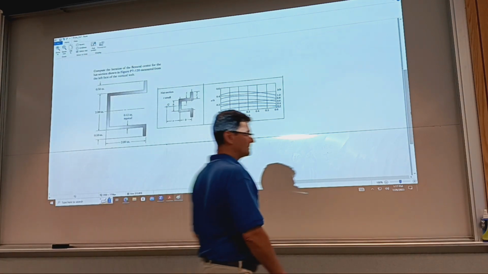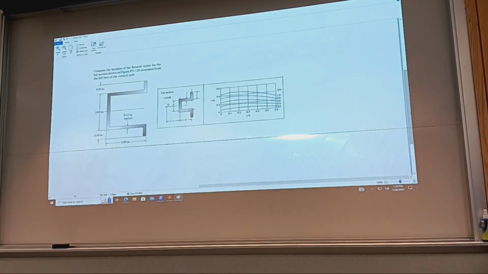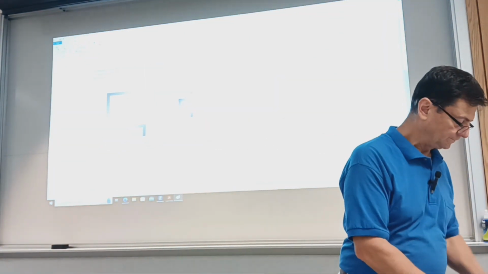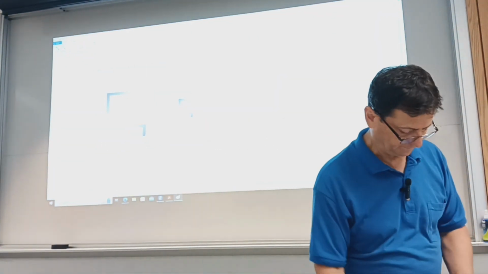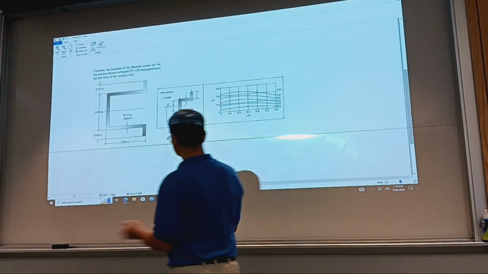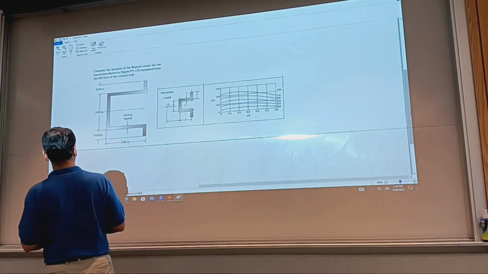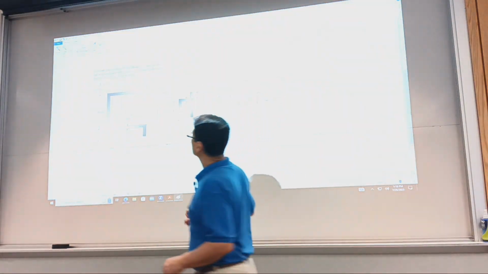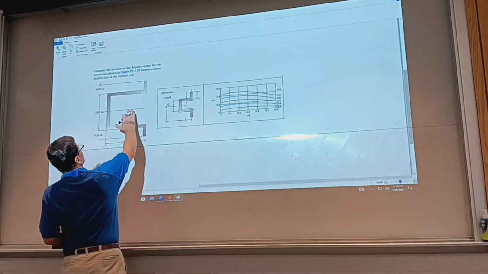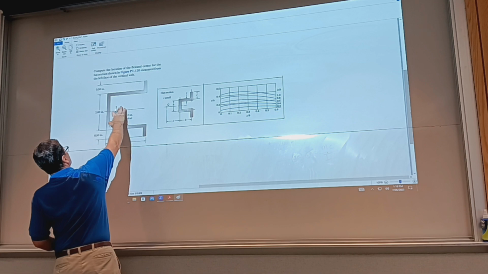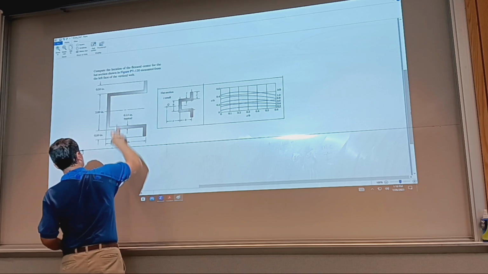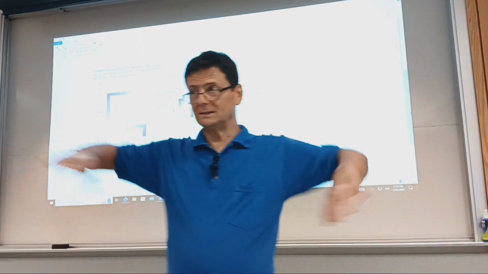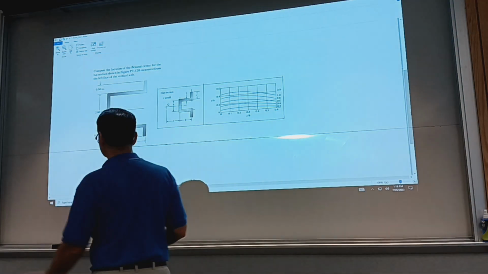And yeah, it looks like it's one of the recommended problems. As we learn in class, if you have a section without vertical symmetry, and you load it through the centroid, which would probably be inside here, it adds to the bending, it adds twisting, torsion.